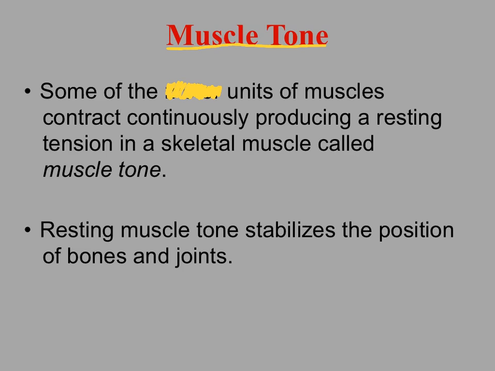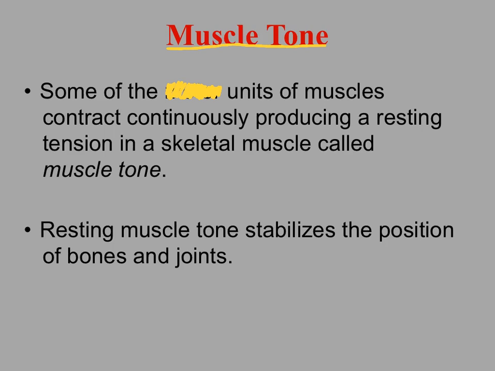So if somebody is very toned, for instance, or they have good muscle tone, even when they're sitting down or just not even using a muscle, you can see those muscles beneath the skin. And the reason for that is some parts of that muscle, even though the person isn't actively contracting that muscle, are still contracted.